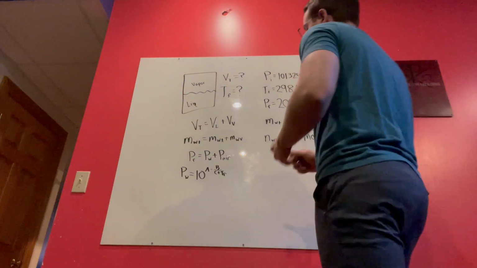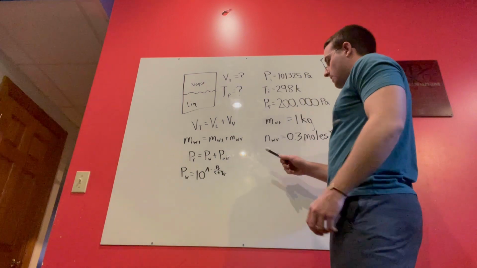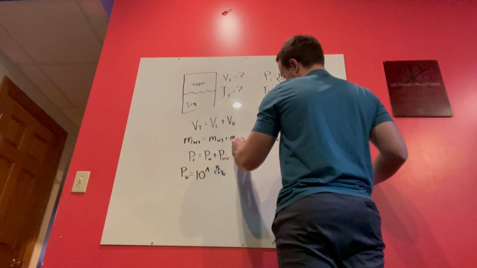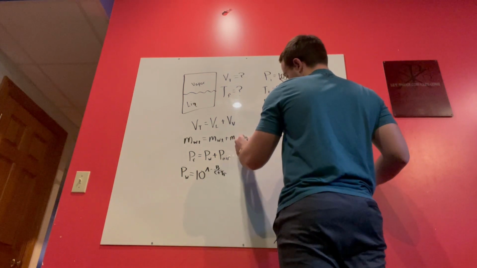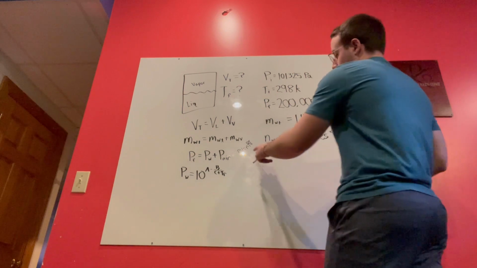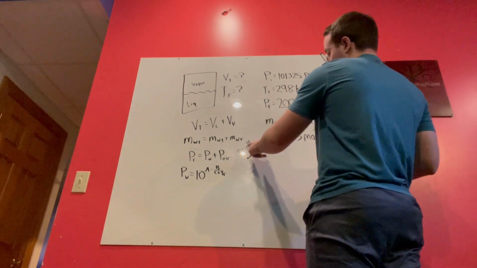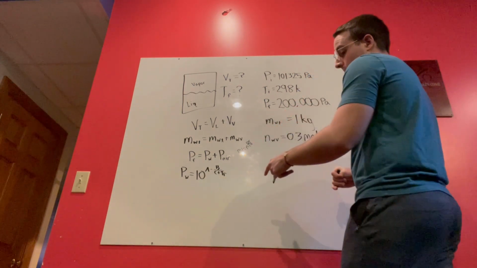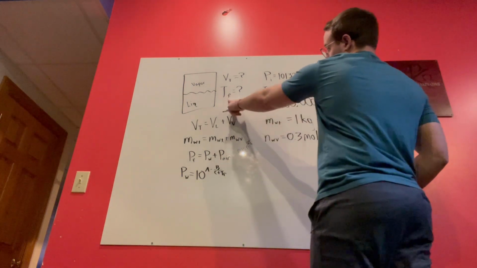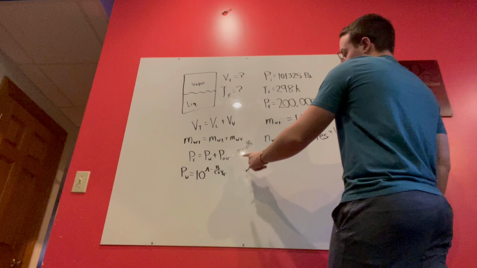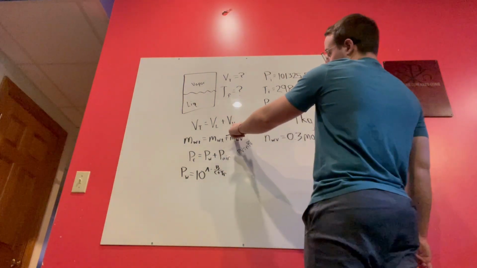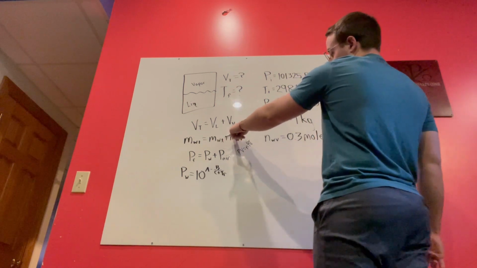And then P air can be solved using the ideal gas law, which is PV equals nRT. And this n is going to be the moles of the air, and then this temperature will be the final temperature, or unknown, and then this volume will be the volume of the vapor.